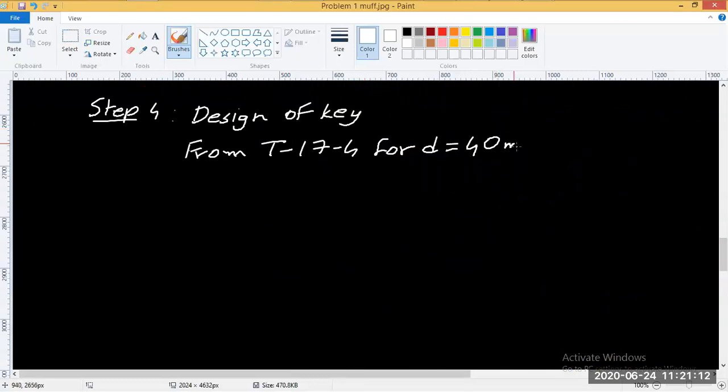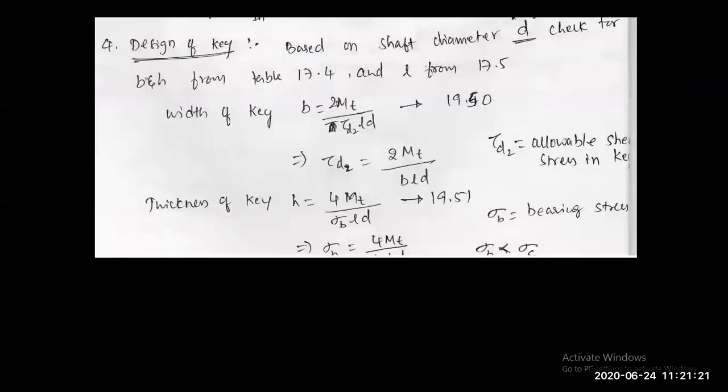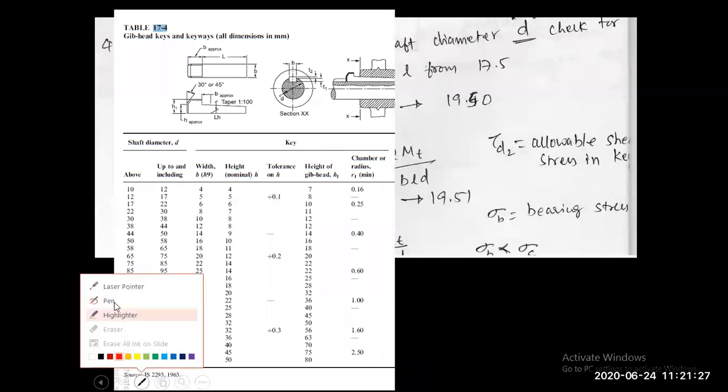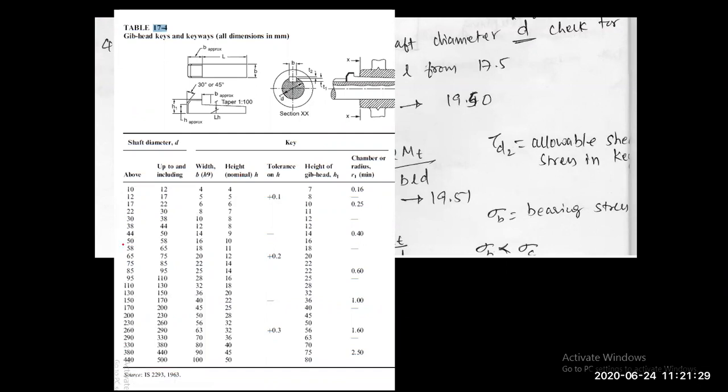So what we need to do is refer to this table 17.4 and extract the dimensions of key. Let's check it out here. This is 17.4, and for diameter 40, refer to the row above 38.